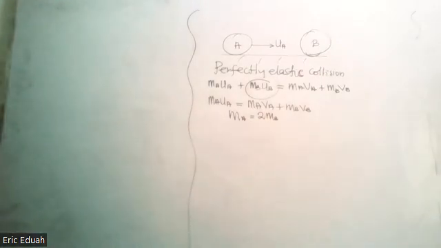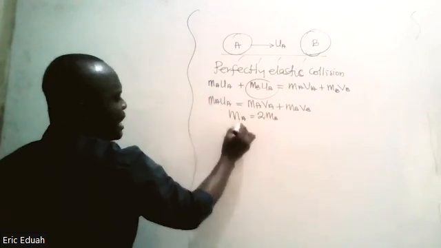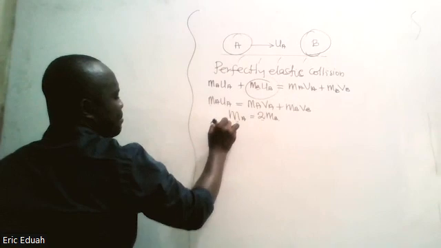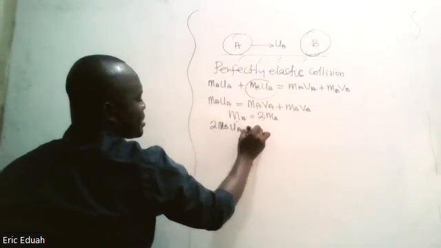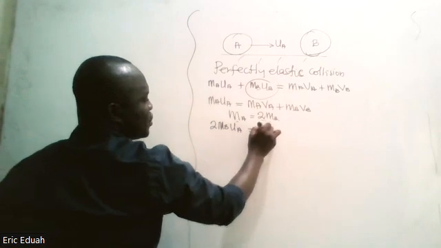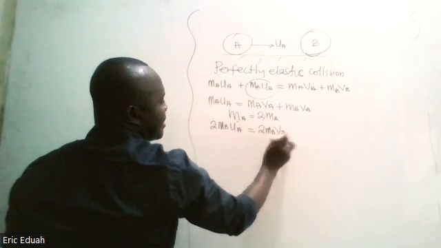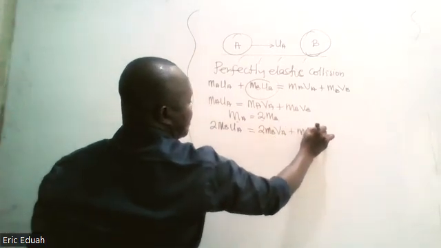If MA is equal to twice MB, let's put this in. Wherever we see MA, this is what we put in: 2 MB UA is equal to 2 MB VA plus MB VB.